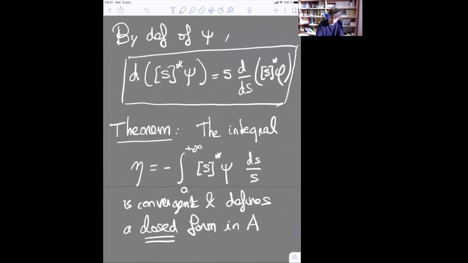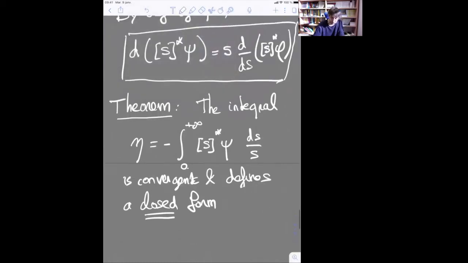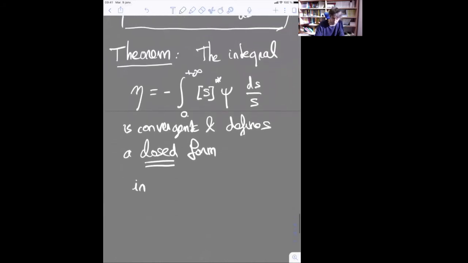It is a closed form of degree 2n minus 1 on X cross C^n minus 0.